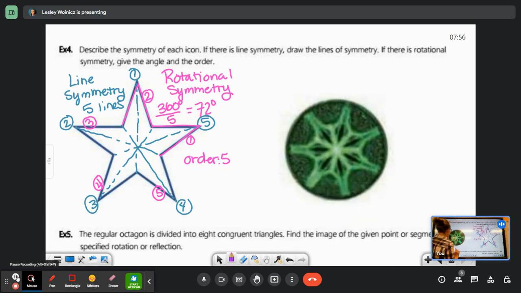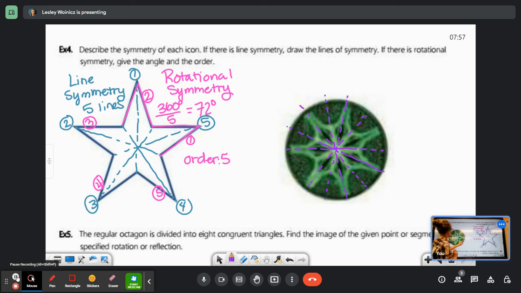All right, so if we look for some lines of symmetry on this one, I see one right here. I see another one here. I see another one there. And another one there. Oops, that was crooked. I can do better. Another one here. And two more.